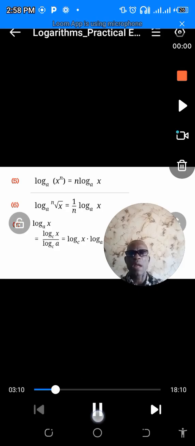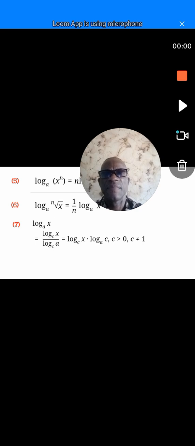Now we go to the seventh law. It says log x base a is the same thing as log x over log a, all in base c, where x is a number, a is the old base, and c is the new base. This is the law used when we want to change the base of a logarithm.